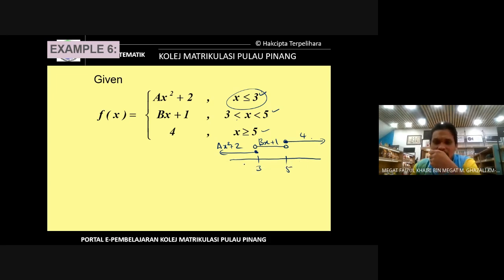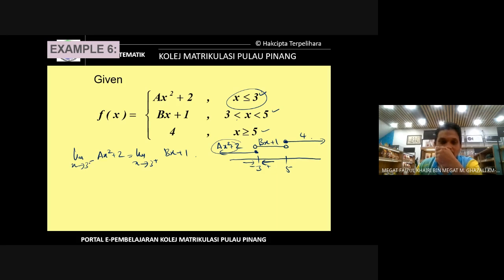So now class, the limit of x approaching 3 from the left and the limit of x approaching 3 from the right. X approaching 3 from the left belongs to the function ax squared plus 2, equal to the limit of x approaching 3 from the right, which belongs to the function bx plus 1.